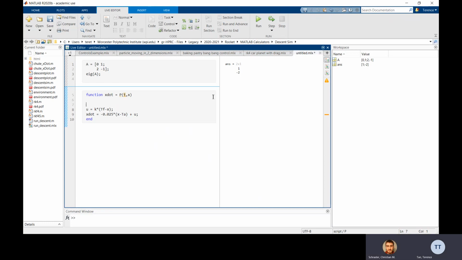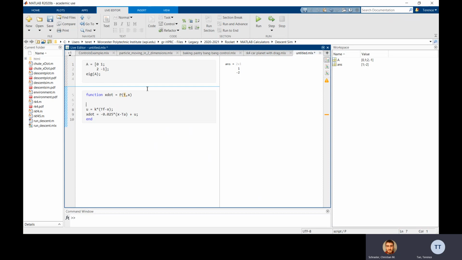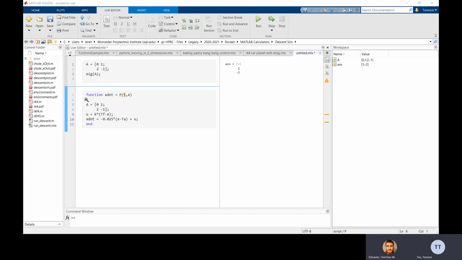I guess you could just pick, like, maybe 2, 2 as your X naught. How do you know that that will be the dimensions of the initial value? The reason I know is that it's a length-2 vector.